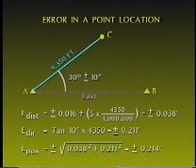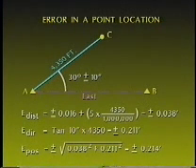distance of the line. Now, since we have two error sources with different values, we can use the error in a sum to determine the positional error of point C with respect to point A. This is equal to plus or minus the square root of 0.038 squared plus 0.211 squared, which equals plus or minus 0.214 feet.